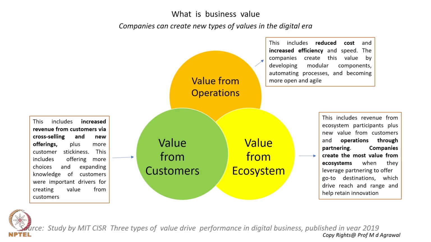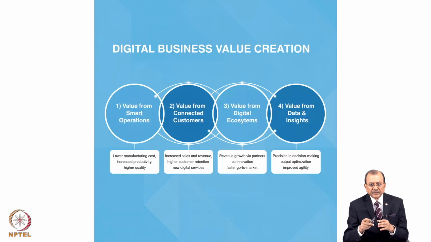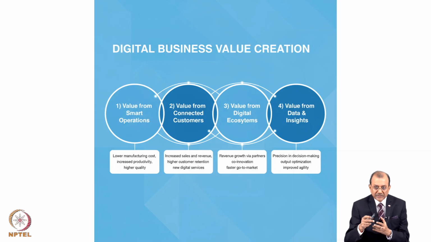So one is the value from the operation, that is the core operation of the company, value from the customers, and value from the ecosystem. If we study this further, we can add one more area. It's called value from data insights, which is thanks to digital technologies. Today, unless a company makes value out of the data which they have, the company is not on the right path, I will say that.